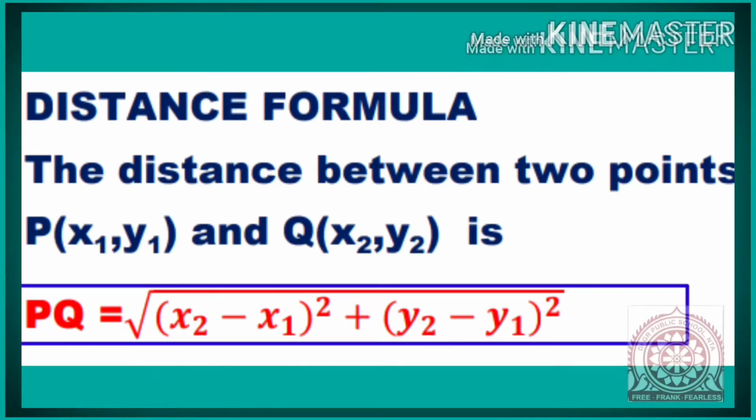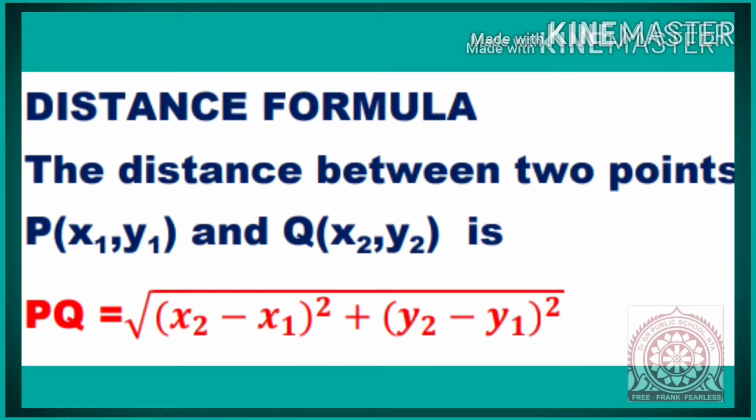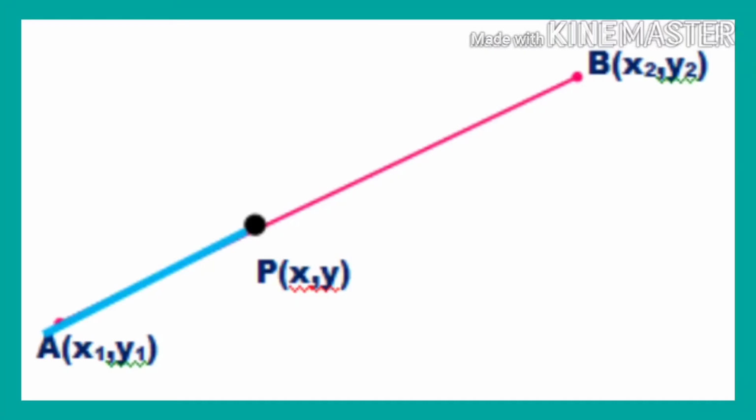Now, I am going to discuss a situation here. Listen carefully and at last I will ask a question to you. Consider a line segment AB in which (x1, y1) be the coordinate of the point A and (x2, y2) be the coordinate of the point B. Let us suppose a point P in between A and B. Suppose that P is in such a way that the distance AP equals 4 units and the distance PB equals 8 units.